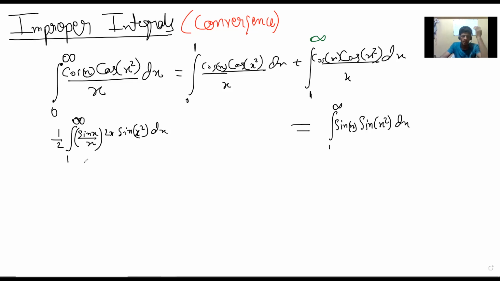So then we can just do it. So we get what, sine x, and this is what? Oh no, so is it wrong? What is the integral of this 2x sine x square?